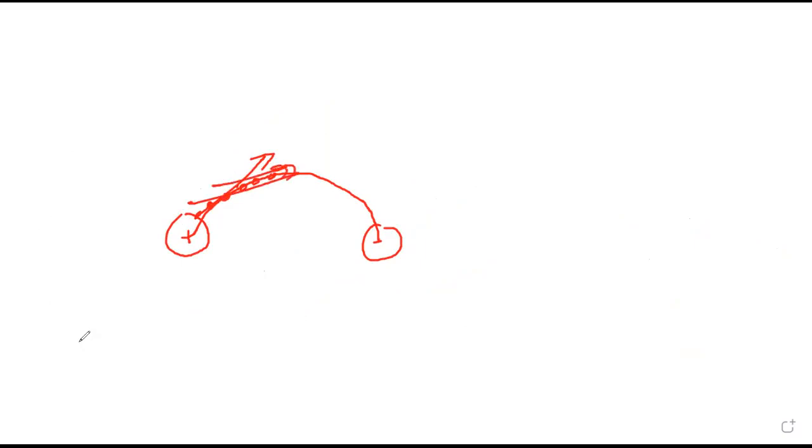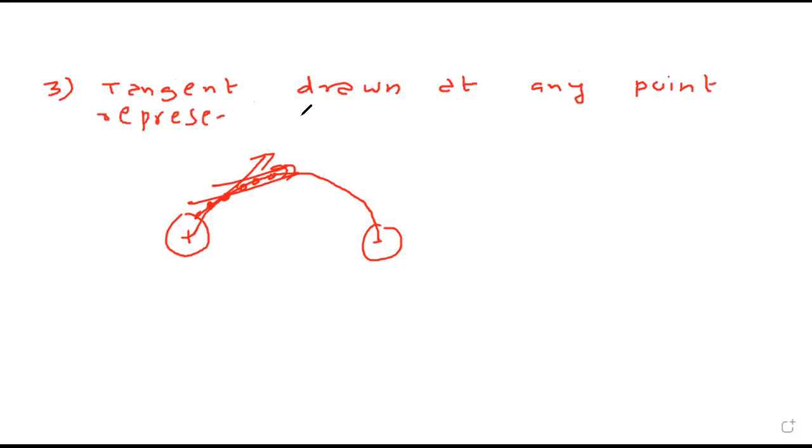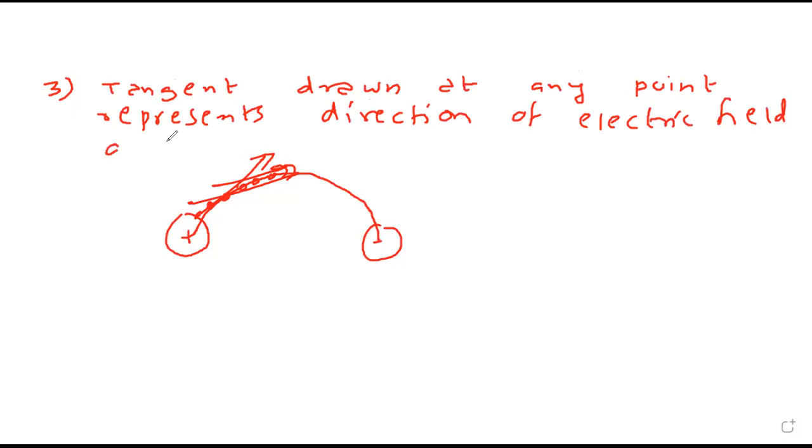These tangents at any point represent the direction of the electric field at that point. So a tangent drawn at any point represents the direction of electric field at that point.